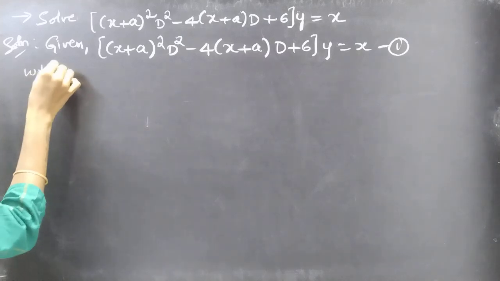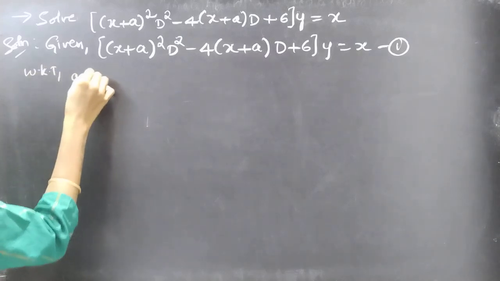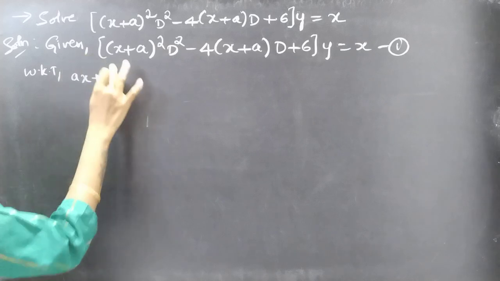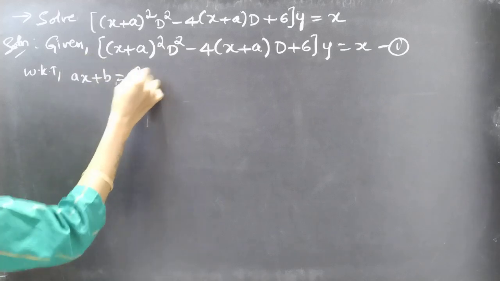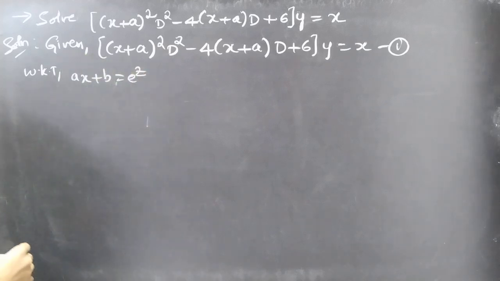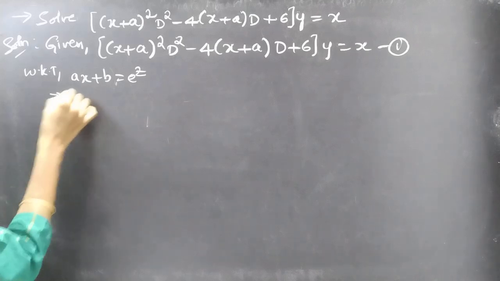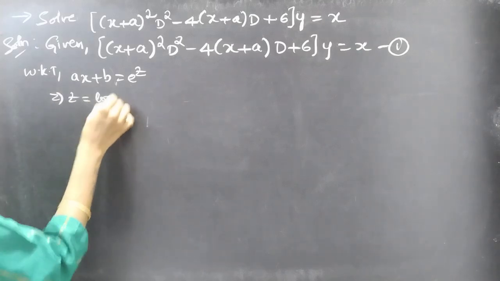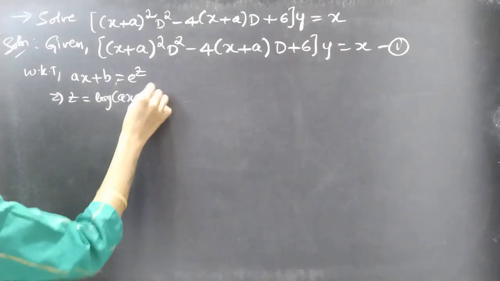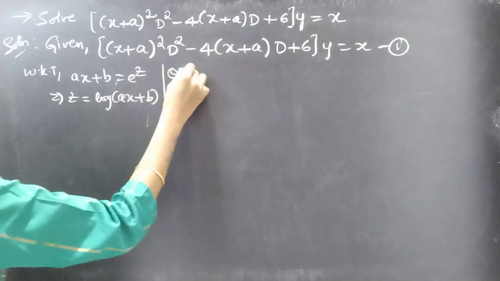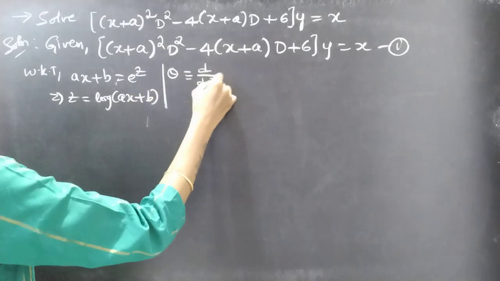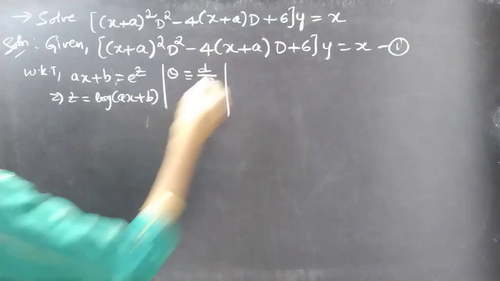We know that from Legendre's method, ax + b = e^z, that is, ax + b can be replaced by e^z, then z becomes log of (ax + b), and θ is a differential operator whose independent variable is z.